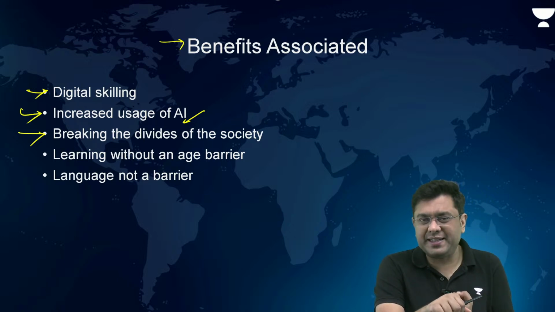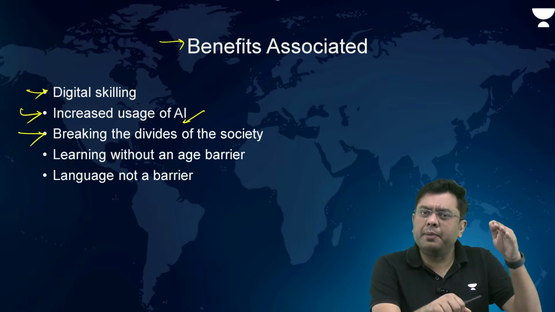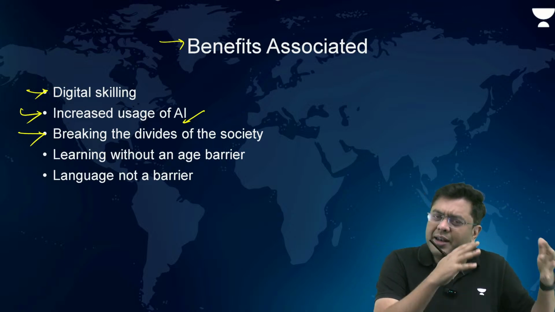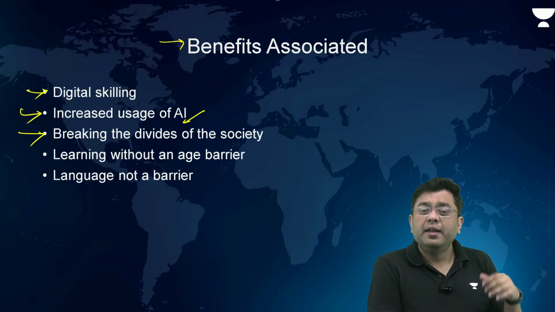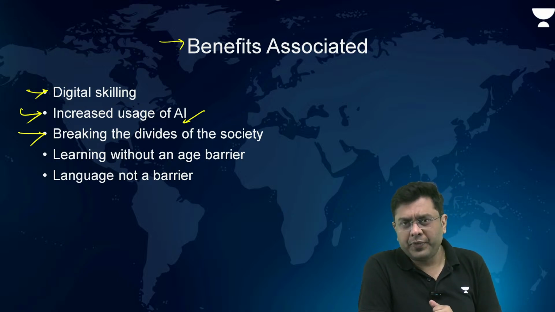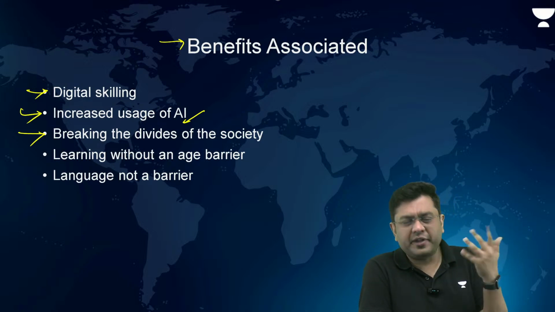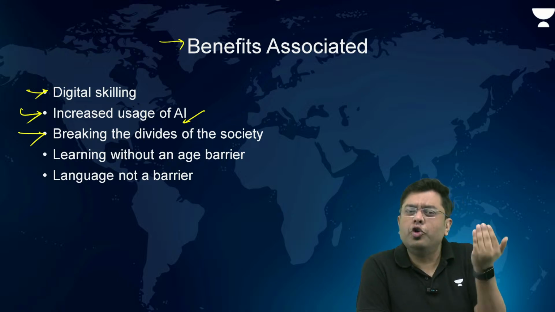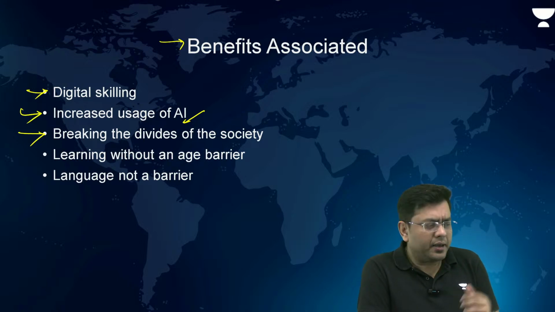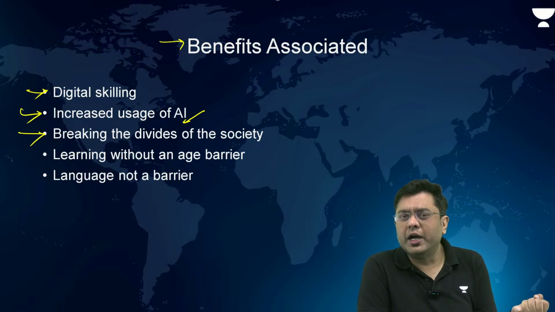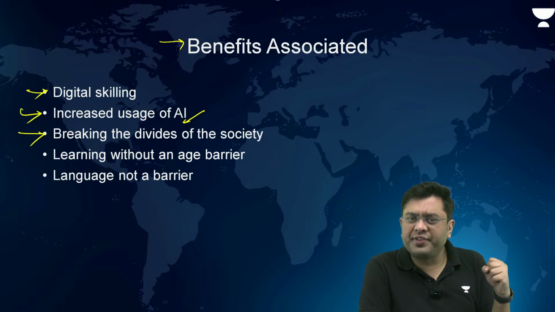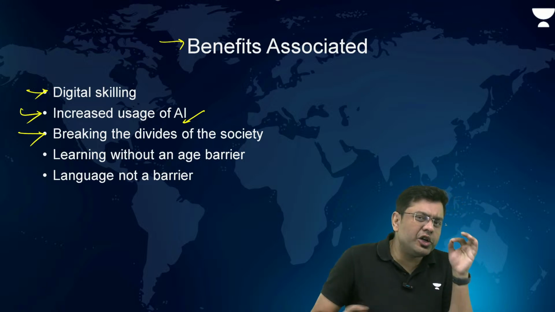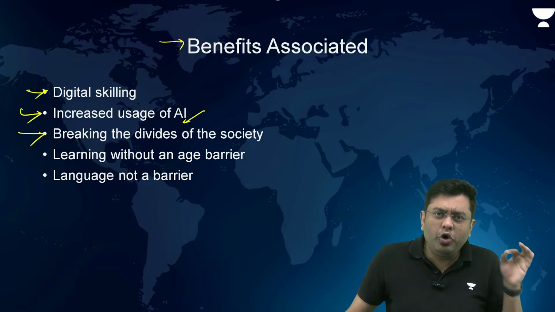In many of these states, people from the vulnerable section of society, the so-called backward section, were unable to go to school because of societal barriers, because of hesitation, etc. So they would not be able to learn. Be it the girl child due to hesitations, or the people from the backward sections due to a kind of discrimination. But with the penetration of technology, this is no longer a barrier.